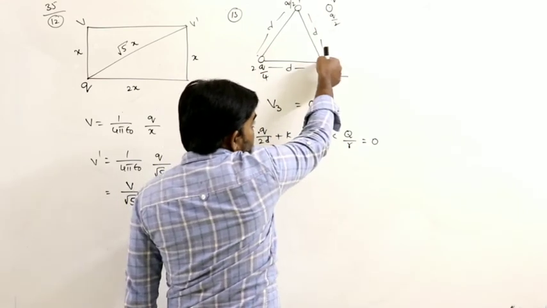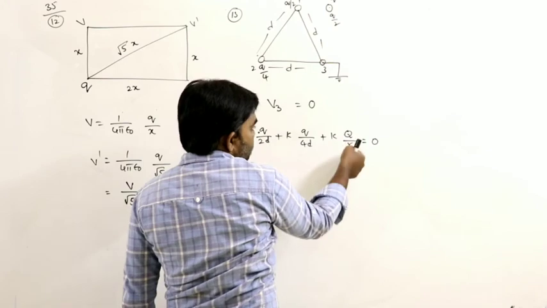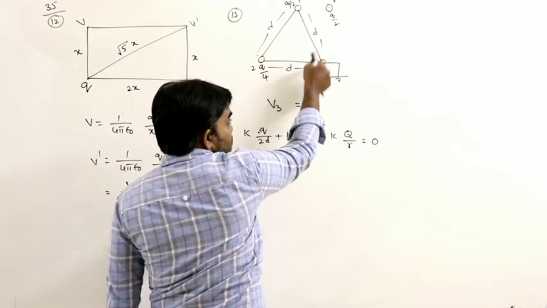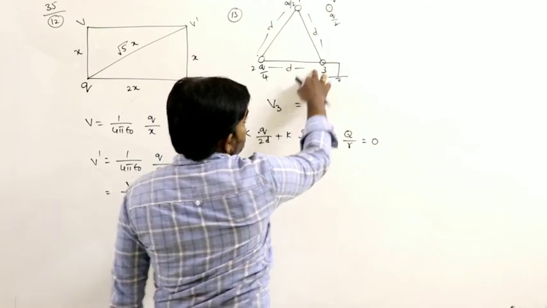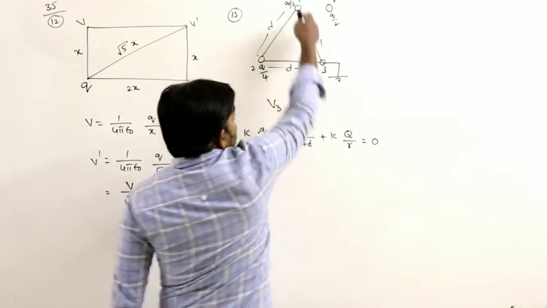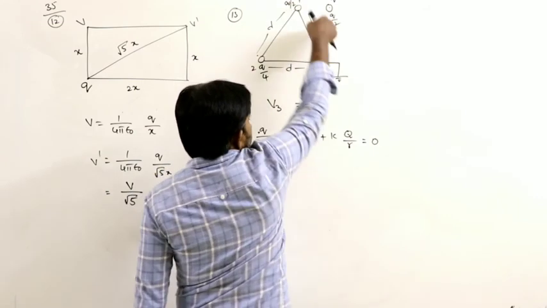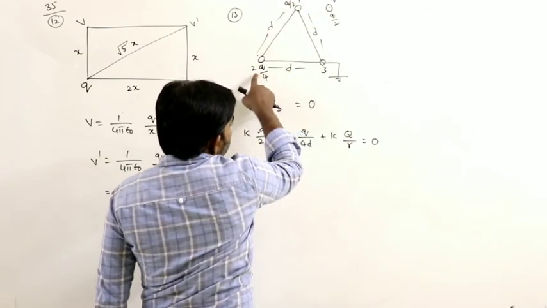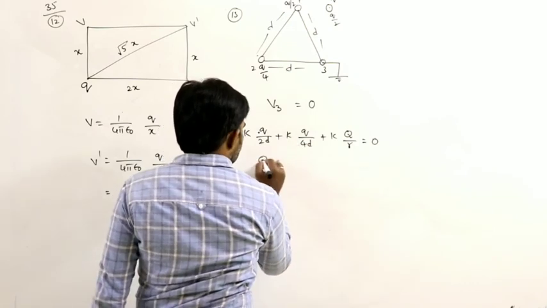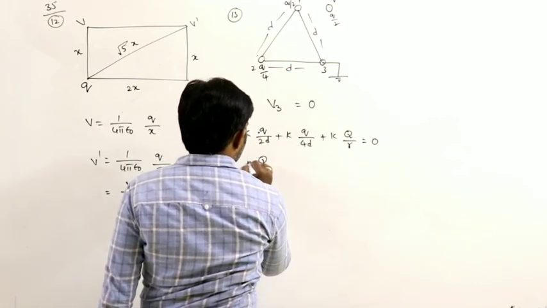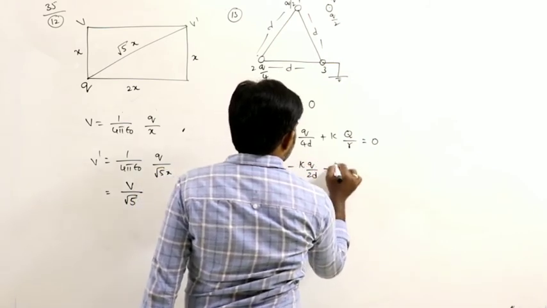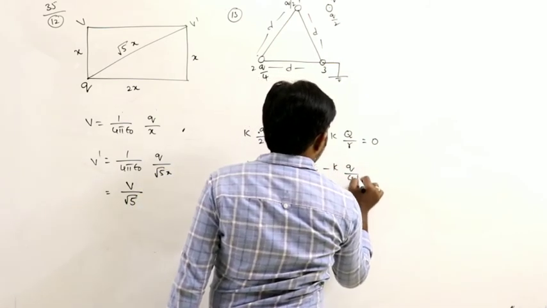But while calculating the potential of the third sphere, I am considering r, because we are calculating the potential of this sphere. At this position, potential due to this one is 1 by 4 pi epsilon naught q by r. What is the q here? Q by 2. Distance is d. Potential due to this charge at this position, like this. So k into q by r is equal to minus k into q by 2d minus k into q by 4d.